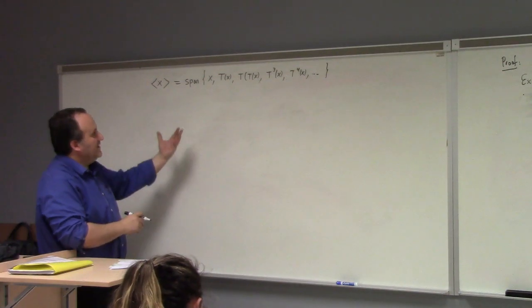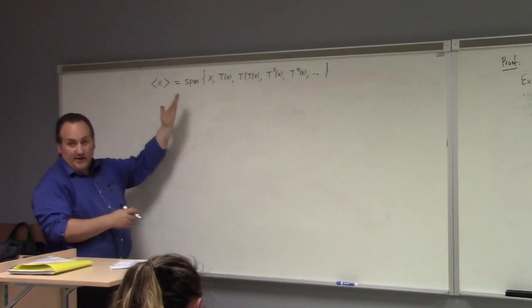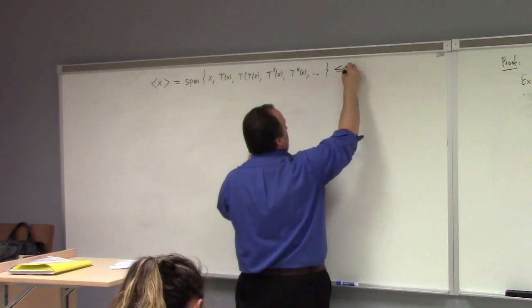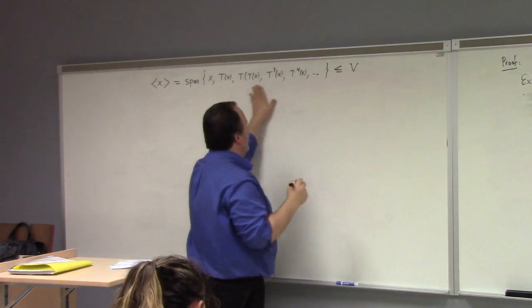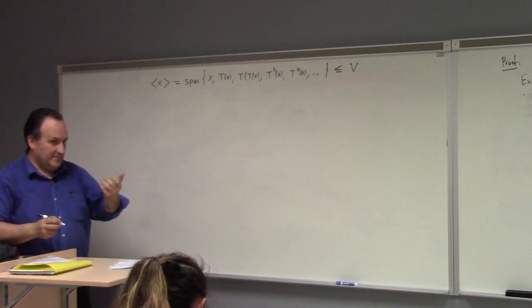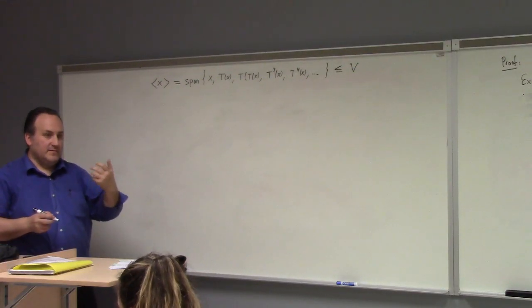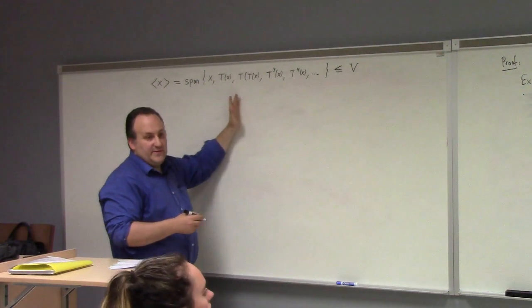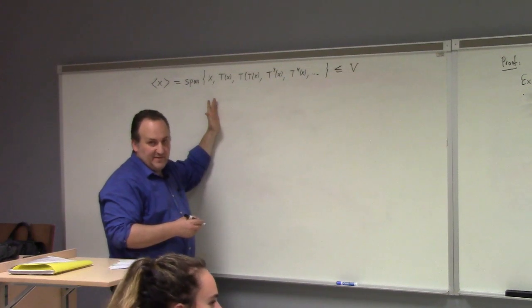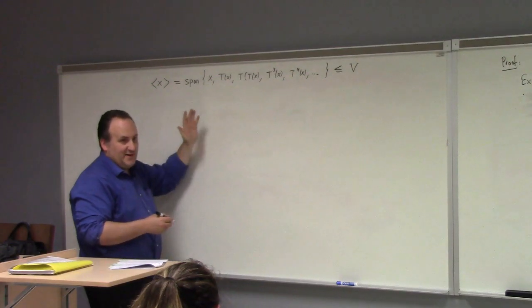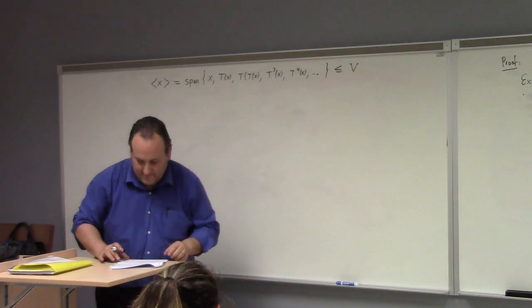It's a span, so it's a subspace. And despite the fact that this looks like it's infinite dimensional, it can't be. At some point, we have to come to a power of T which is in the span of the previous ones. Otherwise, we'd have an infinite dimensional subset of a finite dimensional space, which would be troubling, and also a violation of everything we hold dear, so we don't do that.